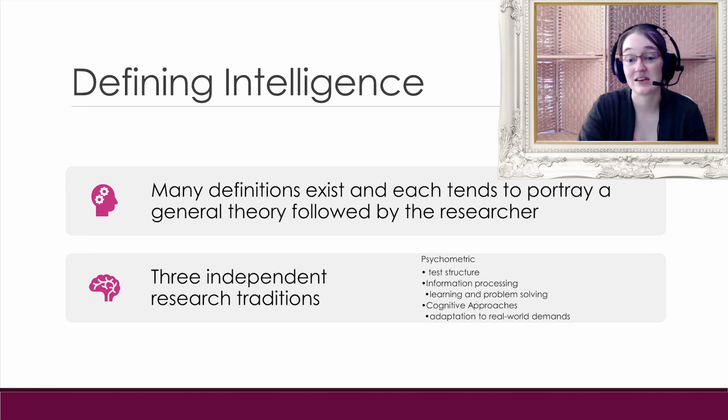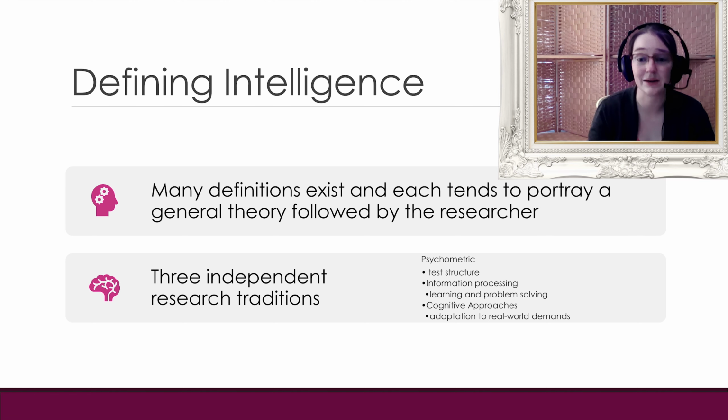You also have an information processing framework, which focuses on learning and problem solving. And third, a cognitive approach, which is the adaptation to real world demands. Combined, these give us all those key pieces of intelligence.